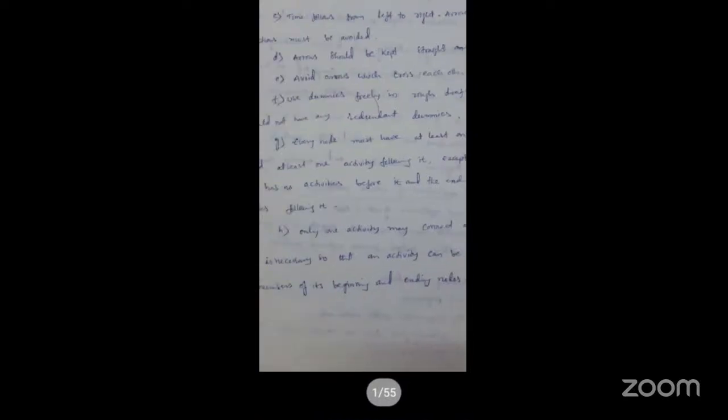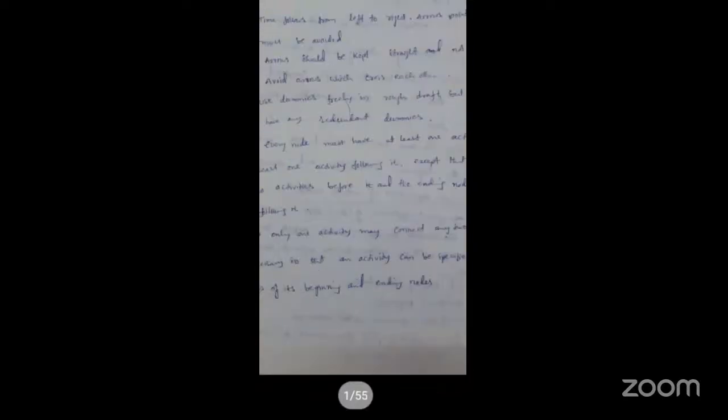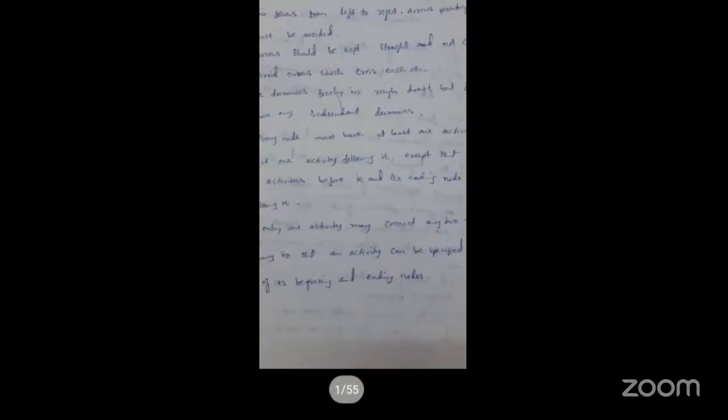Next, every node must have at least one activity preceding it and at least one activity following it. Yes, I will repeat once again, this is also important. Every node must have at least one activity preceding it and at least one activity following it, except that the beginning node has no activities before it, and the ending node has no activities following it.